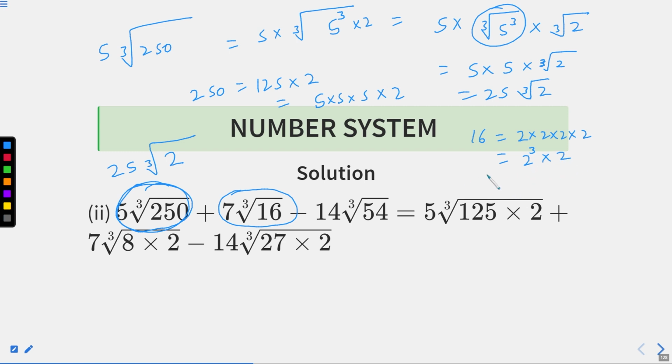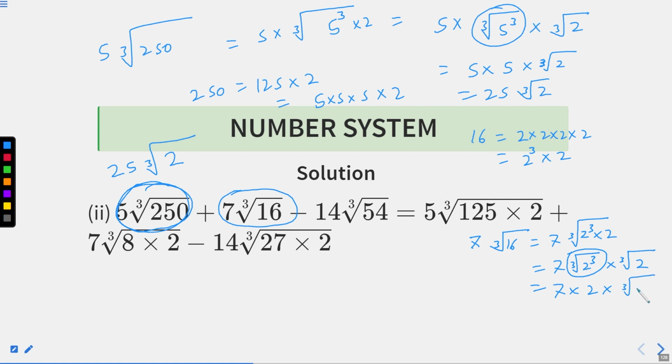So I can rewrite it as 7 cube root of 16, which further equals 7 cube root of 2 cubed times 2. From a law I can separate them: 2 cubed times cube root of 2, which from a law equals 2 into cube root of 2.